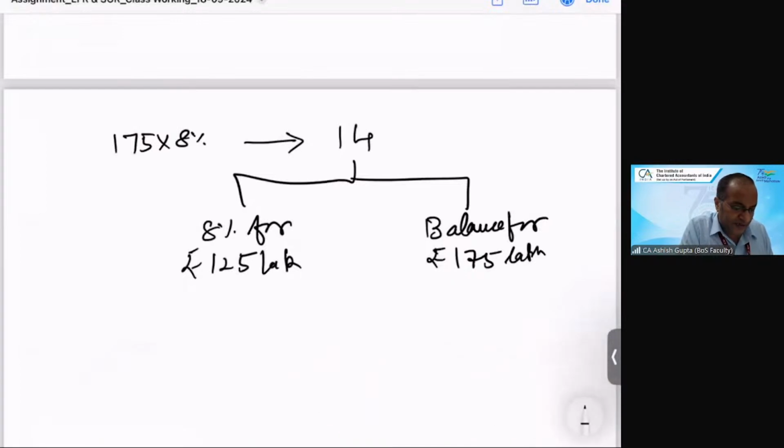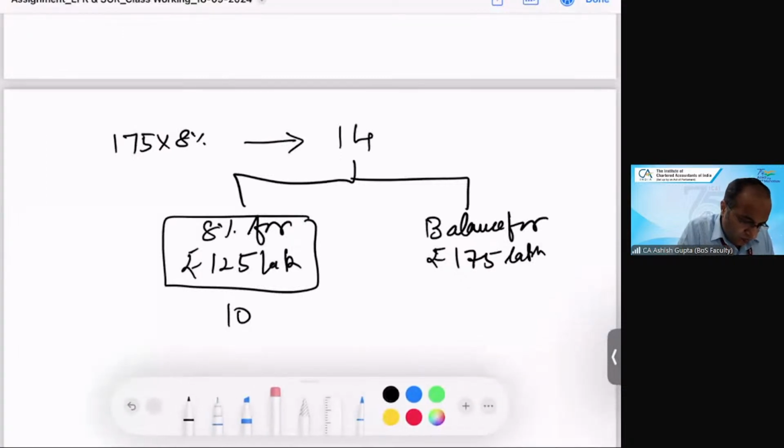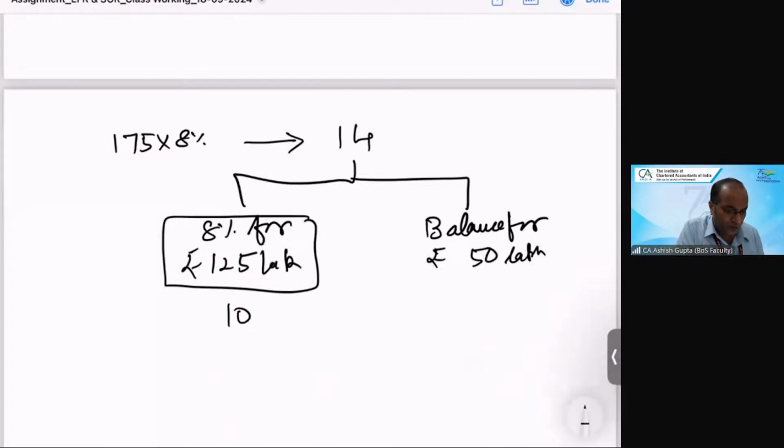If I multiply and compute this, the amount comes 10. Not 75 lakh, it is 50 lakh, my mistake. Now here the balance is 14. So for 50 lakh, I have paid the interest of rupees 4 lakh.